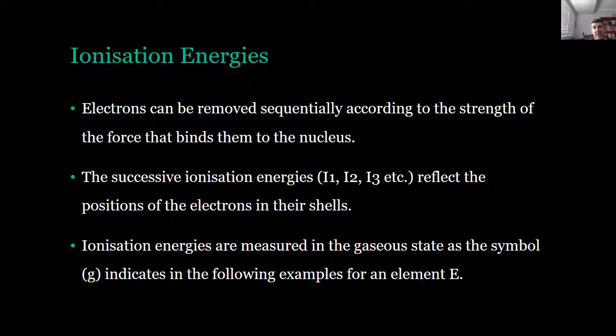The electrons can be removed sequentially according to the strength of the force that binds them to the nucleus. The link between the electron, which is a negatively charged particle, and the nucleus, which is a source of positive charge, is an electrostatic attraction between each electron and the nucleus, and that force must be overcome in order for us to remove the electron completely from the influence of the atom.